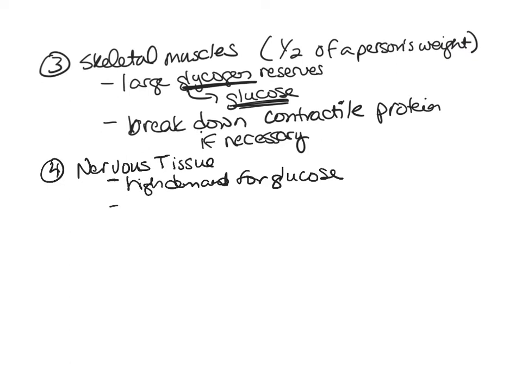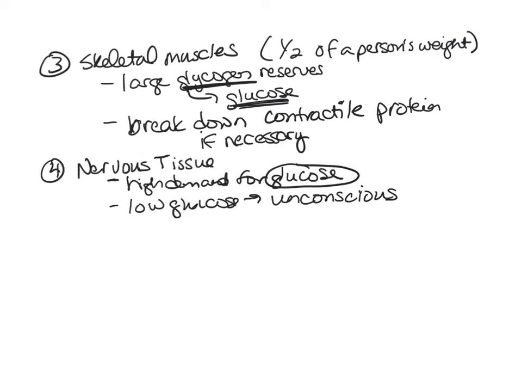So if a person has low glucose levels, then if it's too low, they will become unconscious, because the nervous tissue just doesn't really have any reserves to pull out glucose from to create ATP. And it really can only use glucose. So it needs to have those glucose levels within a certain range.